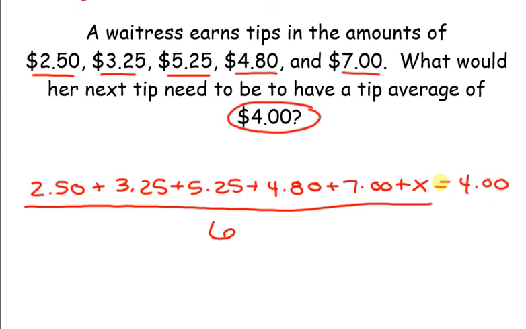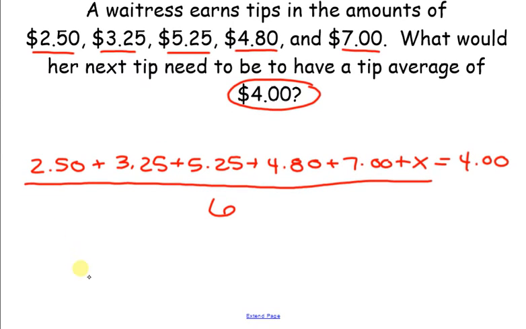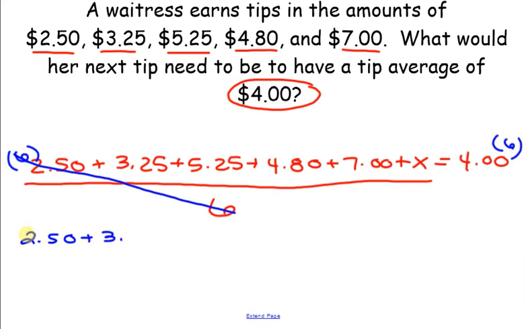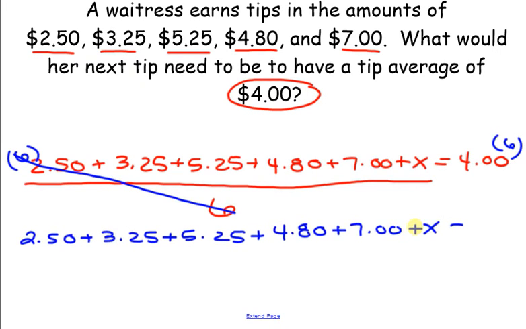equal $4. So the first thing we want to do is get rid of this divided by 6, so we multiply by 6, and we do it to both sides. So those cancel. We're left with 2.50 plus 3.25 plus 5.25 plus 4.80 plus $7, and we always end with plus x, equals, when we multiply this together, we're going to get $24.